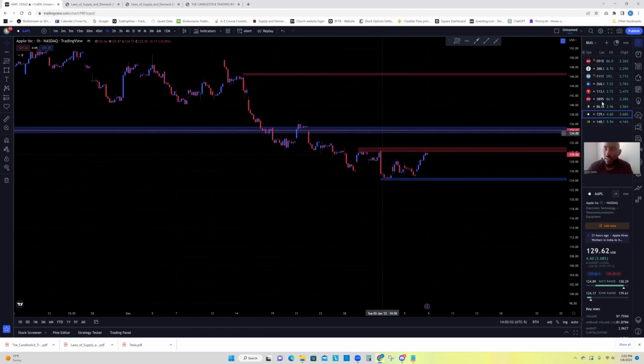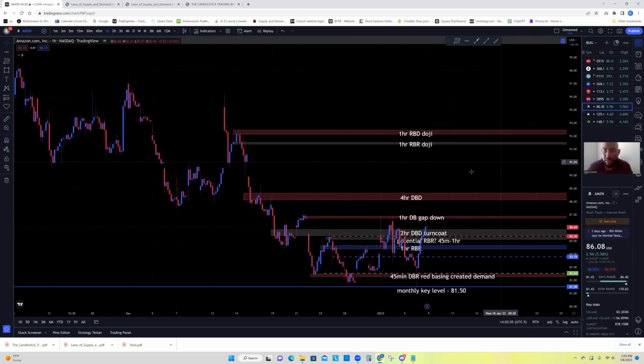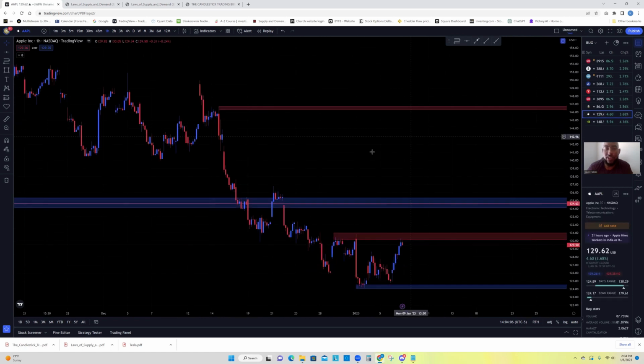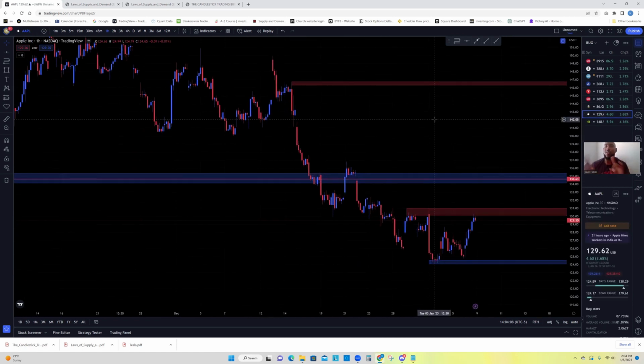Typically we'll draw something like turncoat. You see this term turncoat? Turncoat is terminology for when the zones flip, so this would be a turncoat zone.